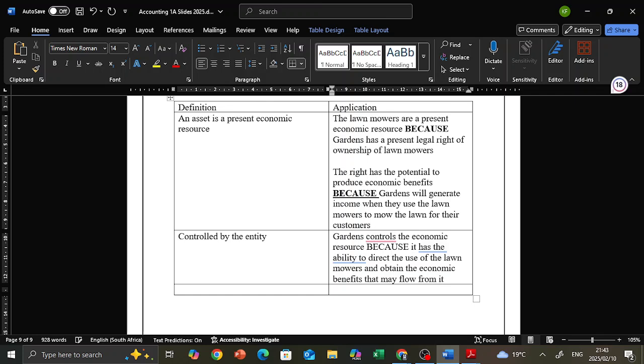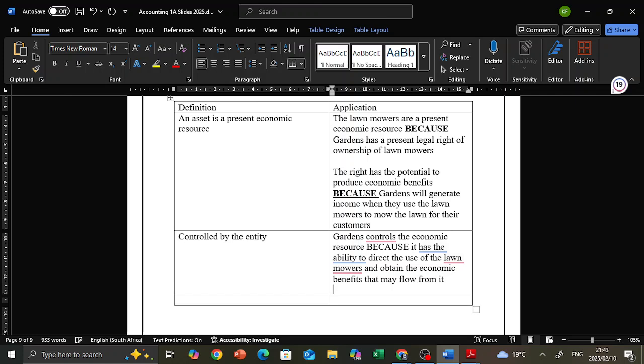So the key point to remember here is because they can direct the use of the lawnmowers, they can therefore potentially obtain, see how I said potentially, the economic benefits that may flow from the use of these lawnmowers.